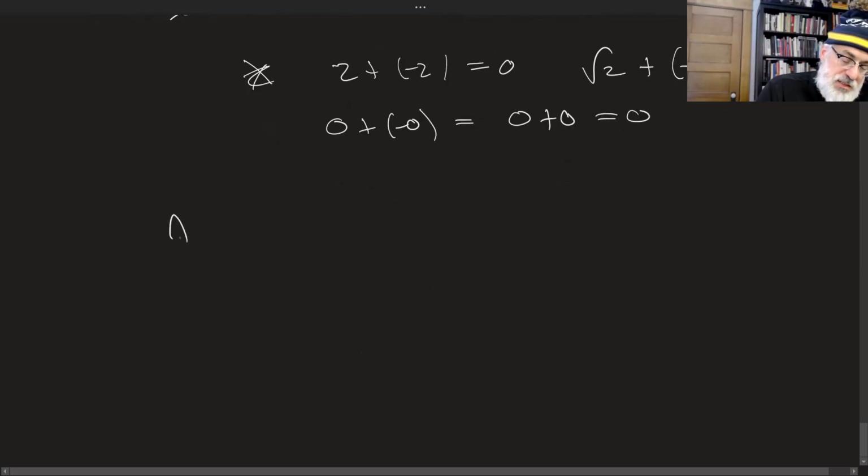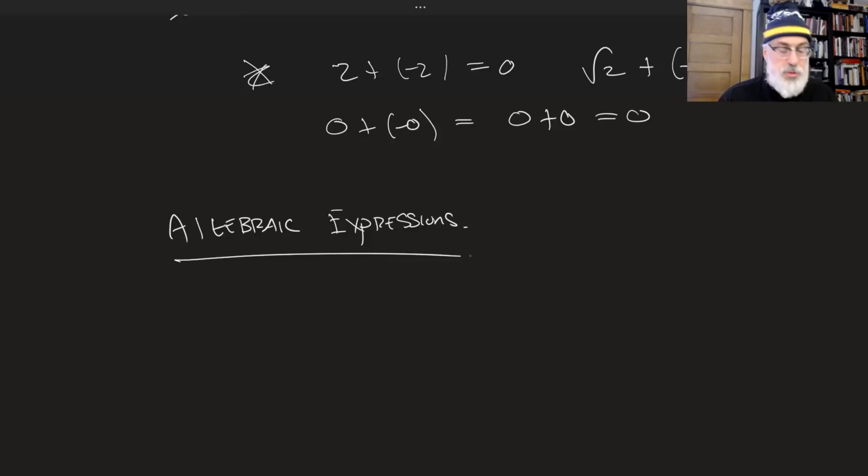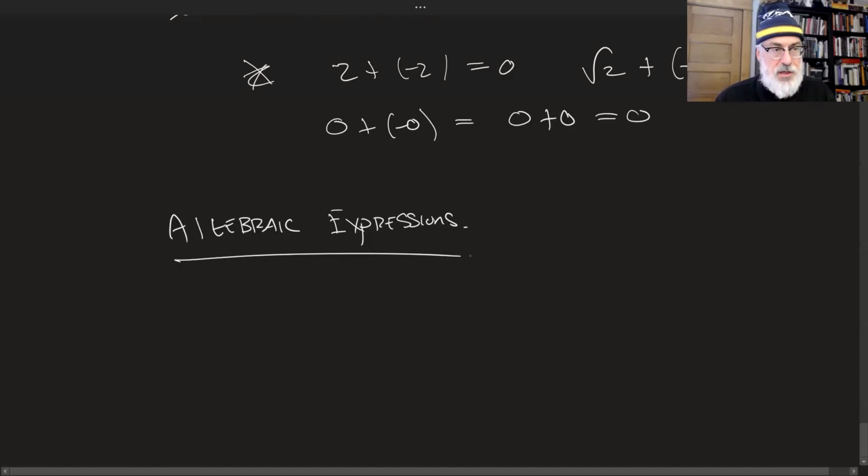Now let's look at something called algebraic expressions. Algebraic expressions are a collection of numbers, variables, operations, such that there isn't an equal sign.